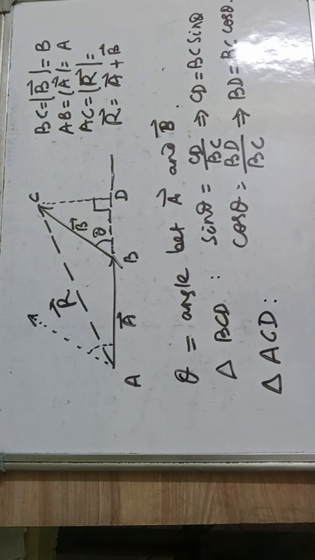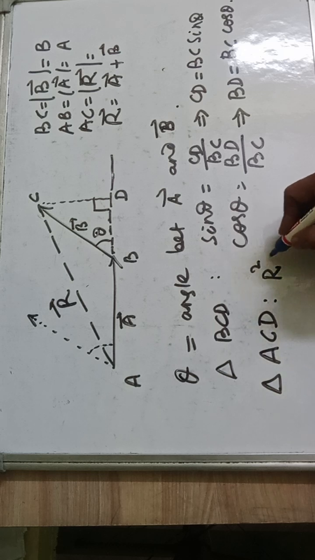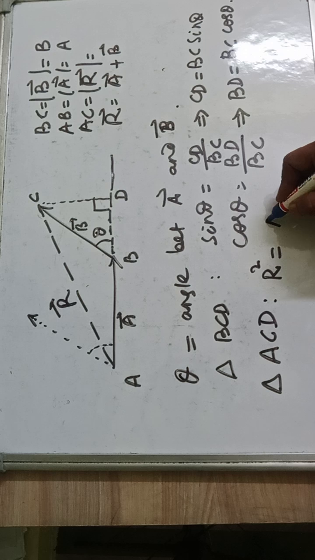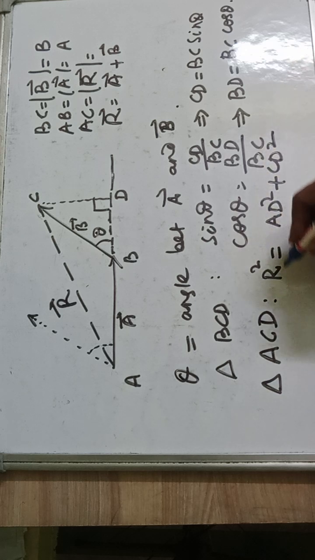In that case, using Pythagoras theorem, this R square becomes AD square plus CD square. R is AC.